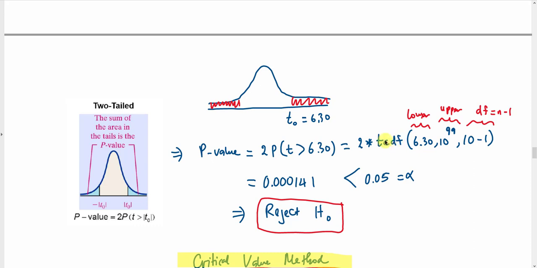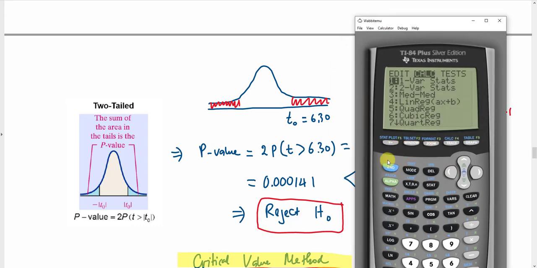This is the cumulative area under the curve from the test statistic T0. For the lower bound, we go from T0, 6.30. For the upper bound, we go all the way to the right, 10 to the 99. And then the degrees of freedom is n minus 1. We have 10 pairs, so 10 minus 1. And multiply that by 2 using the tcdf.